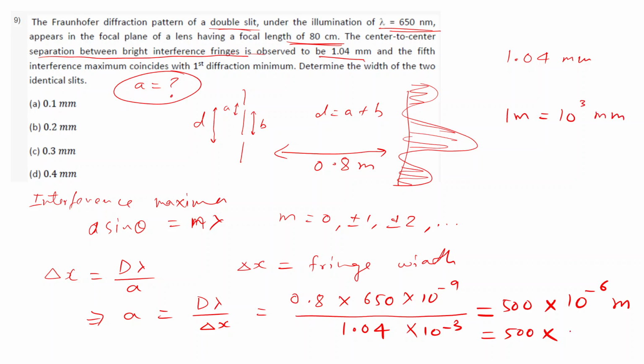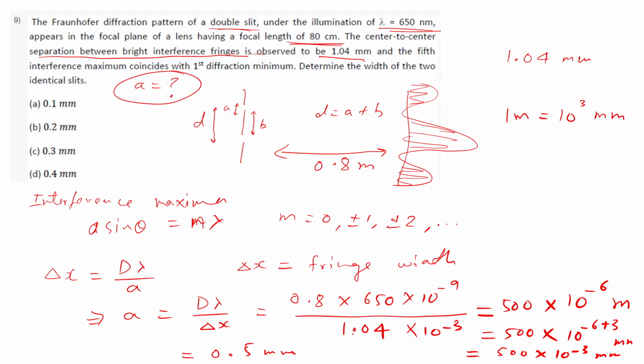So this will be 10 to the power minus 6 plus 3 millimeter. This will be 500 times 10 to the power minus 3 millimeter. That means 0.5. Did I do it correctly? 0.5 millimeter. Wait. So I'm getting 0.5 millimeter as my A.